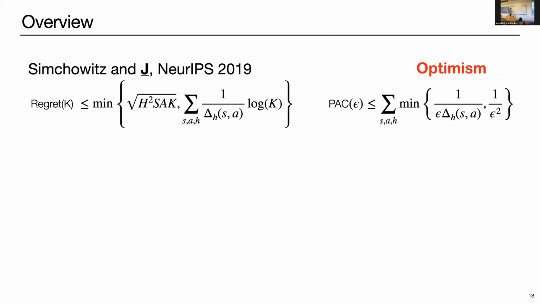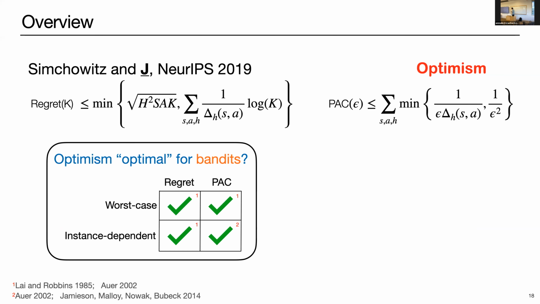And so we're immediately getting that. We already knew that optimism will achieve the minimax rate of SA over epsilon squared. And so again, if you're keeping score, for bandits, I didn't tell you this, but I'm telling you now, optimism, a single algorithm, is actually optimal up to constants and log terms for all these problems. It's optimal for regret and PAC simultaneously. Just run UCB with a little bit of inflated confidence bound.